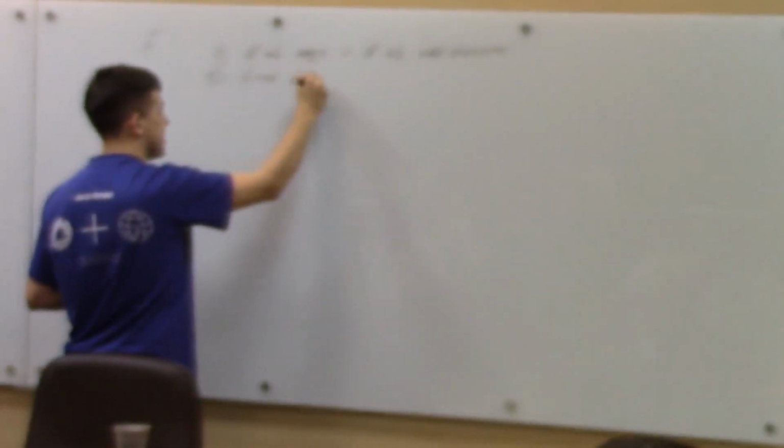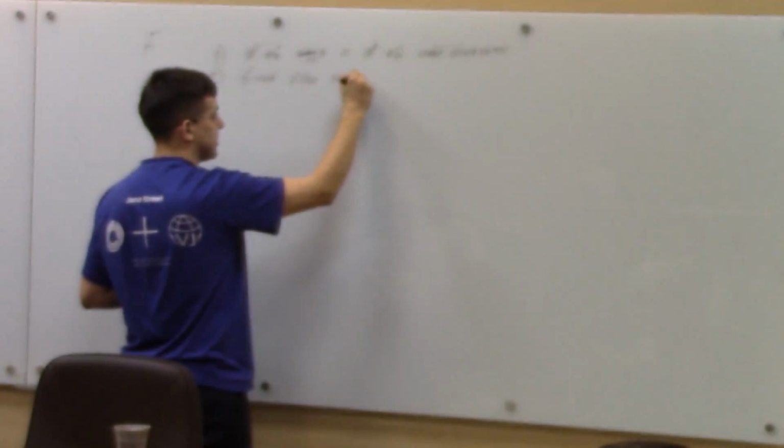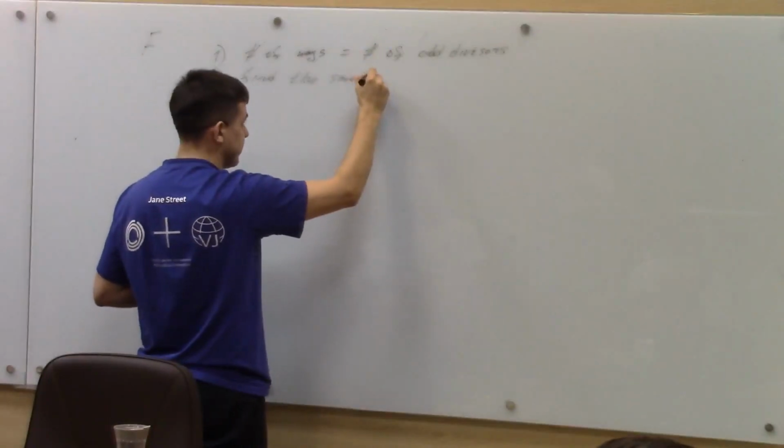And the second, find the smallest number with that number of odd divisors.